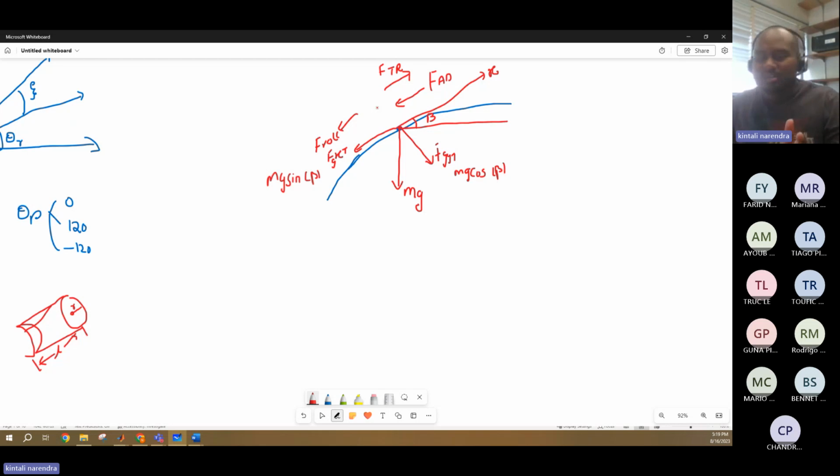But for now, just understand the major forces which are acting upon the vehicle. Now if you take these forces into consideration in a quarter car. I'm not taking a complete car. Imagine I have a quarter car, because if you take a complete car, then there are many other forces.